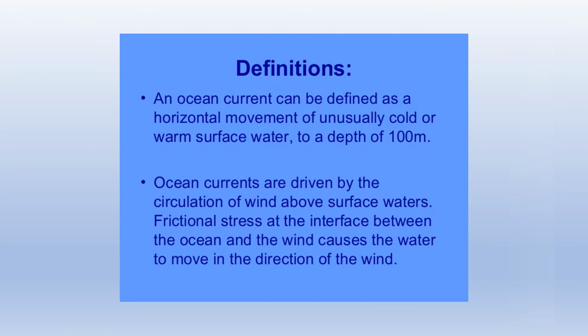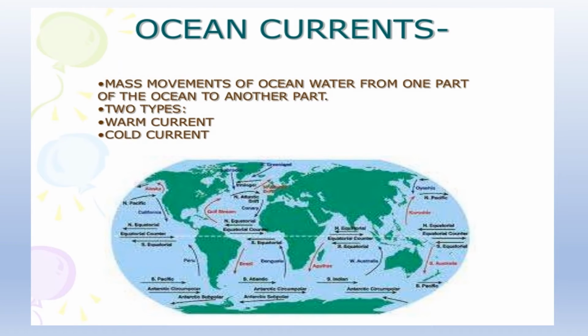What are the factors which are responsible for ocean currents? There is a map in front of you which expresses the mass movement of ocean water from one part of the ocean to another part, which allows the circulation of water.